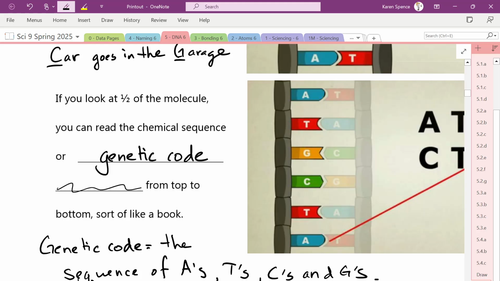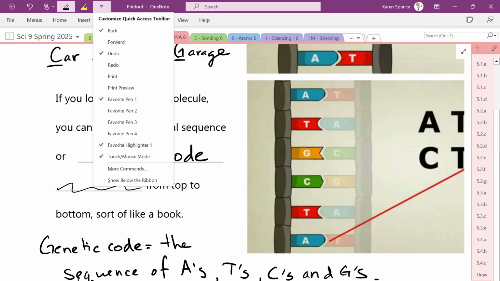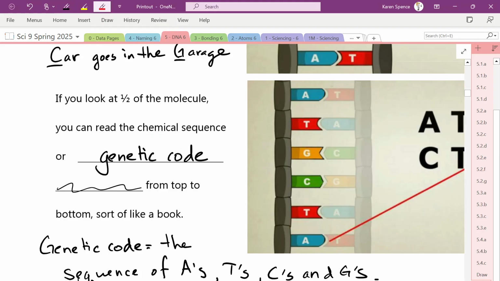And do you remember how last week I talked to you about having a cheat sheet for the quizzes? Genetic code is going to be one of those words. So I'm going to put a red star beside it. This is vocab.